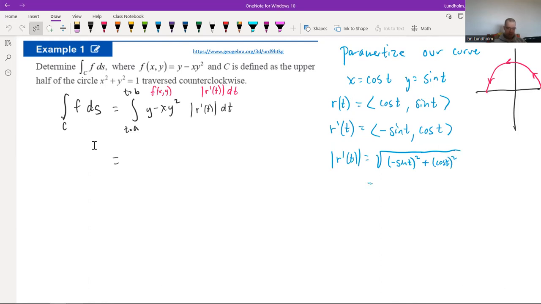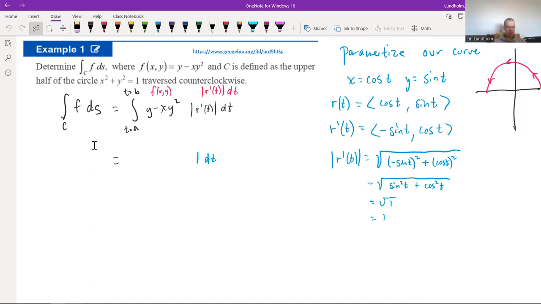That becomes sine squared plus cosine squared, and we remember our Pythagorean identities. And so this is the square root of 1, or just 1. So nicely, when we go to do this in the next step, the magnitude of r prime of t just becomes 1, and we'll have a dt there. Cool.